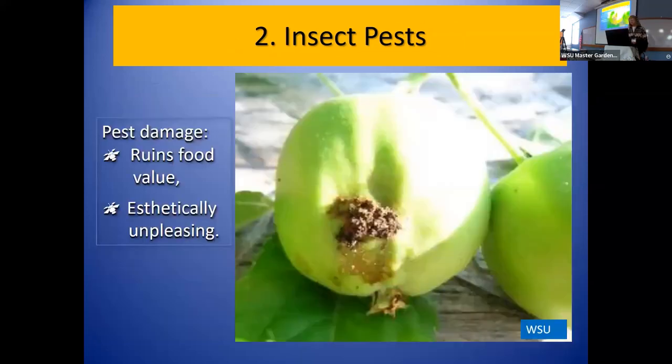All right, so we've looked at our beneficials, and now let's take a look at some of the insect pests. Insect pests in terms of your fruit trees are going to cause damage by ruining the food value of the fruit, as well as by making it just aesthetically unpleasing.